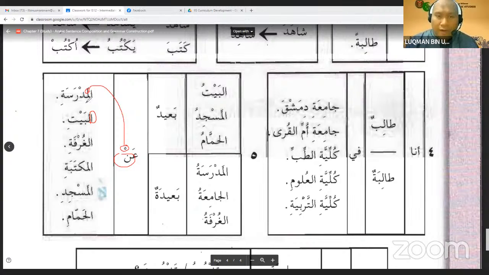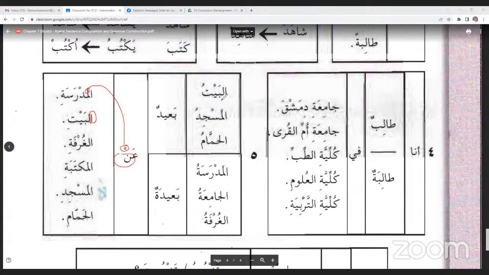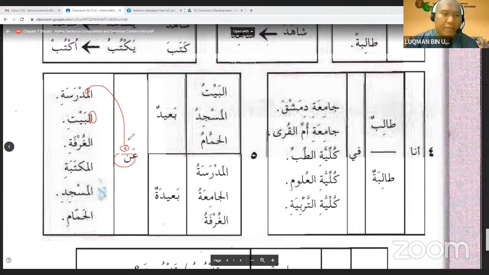So if you can remember the al-huruf al-shamsiyya wal-huruf al-qamariyya, the sun and moon letters, when a moon letter is prefixed with al, the lam becomes sukun. So here, al-madrasatu, al-baytu, ba'idun anil madrasati.